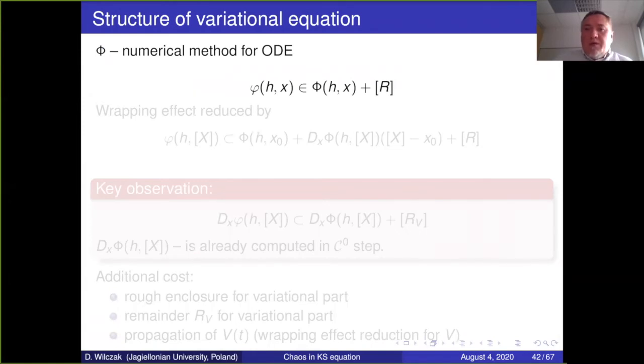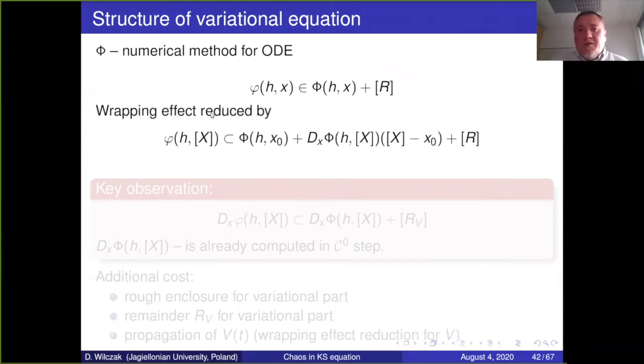I would like to also emphasize that for ODEs, the algorithm which can integrate C1 information is not that costly, because actually we are using C1 information to reduce the wrapping effect in the C0 algorithm. In order to compute the trajectory of the system after time h, we usually use the mean value form to reduce the wrapping effect.